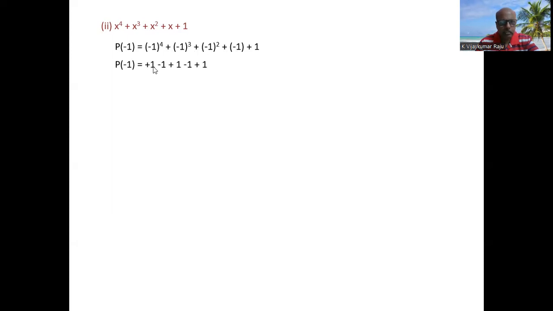So the terms will be plus 1, minus 1, plus 1, minus 1, and plus 1. These pairs cancel, so you are left with only 1. So p of minus 1 is plus 1, which is not equal to 0. Therefore, x plus 1 is not a factor of the polynomial.